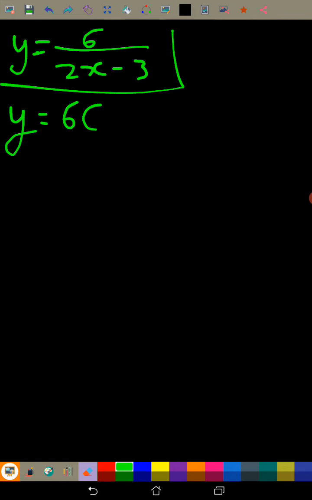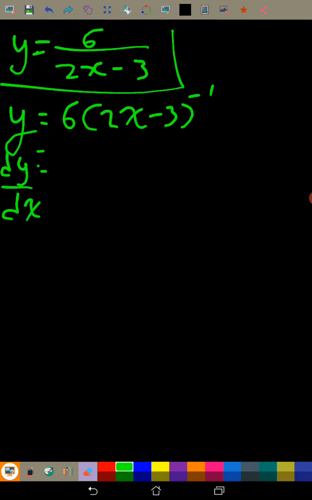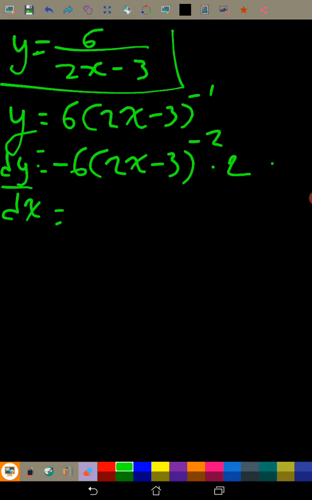I already saw the answer, so I'm going to do it quite fast. dy by dx is going to give you, first we do what's outside, so we have 6 times minus 1, minus 6, and here we have the power, it's the chain rule, minus 2, and then we do what's inside here, the differentiation is 2, so we end up with minus 12, 2x minus 3 to the power of minus 2.